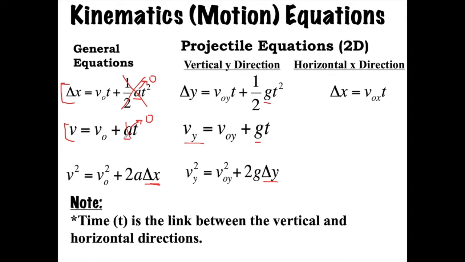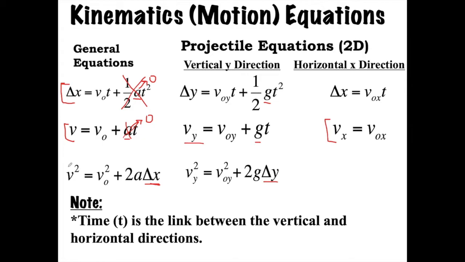So that means this term goes away. And then our next equation says vx equals v0x, which, think about what that is really saying for a second. And if you have to hit pause, you have to hit pause. But that means your final velocity in the x direction is equal to the initial velocity in the x direction, which means if your velocities are equal, initial and final, you're not accelerating.